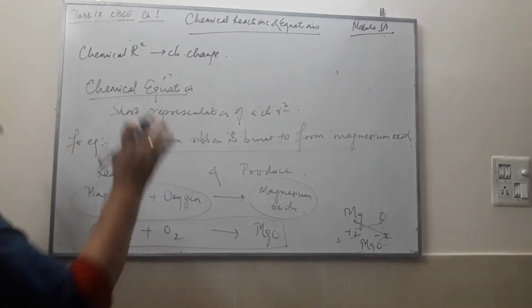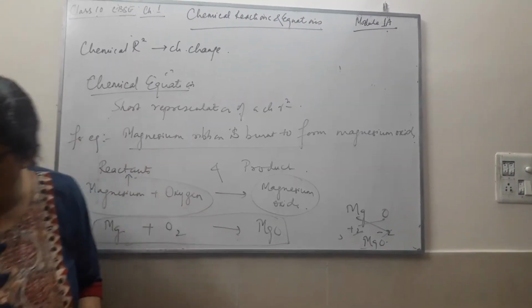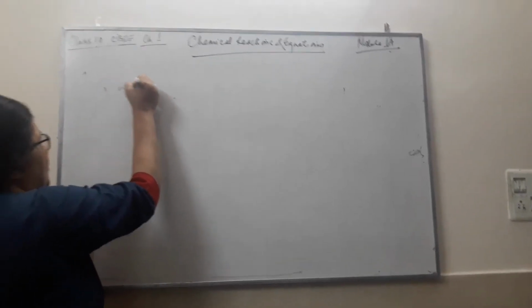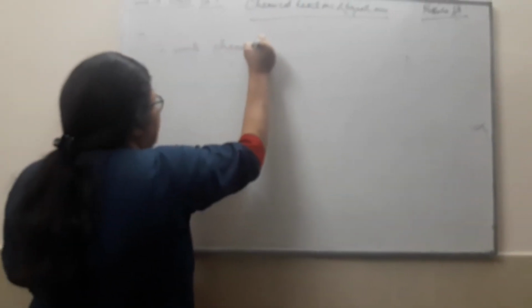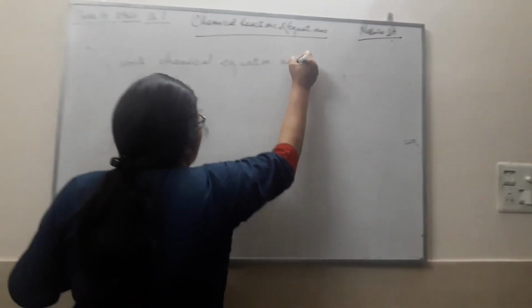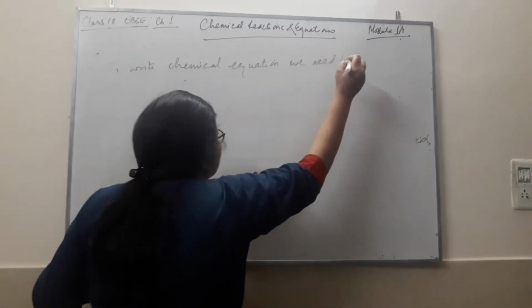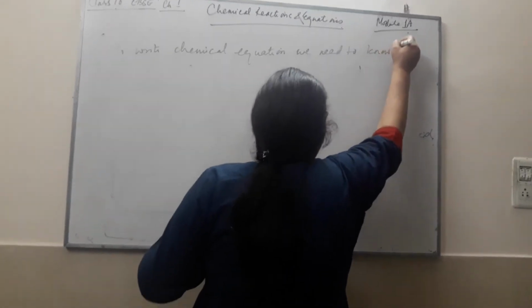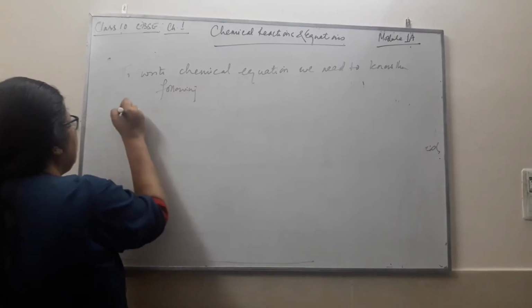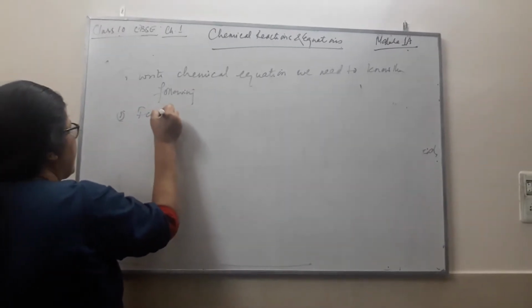Now, to write a chemical equation, we need to know the following. Number one, the formulae of the acids.